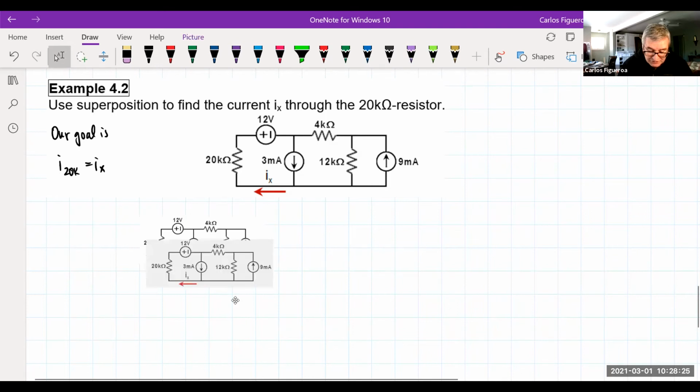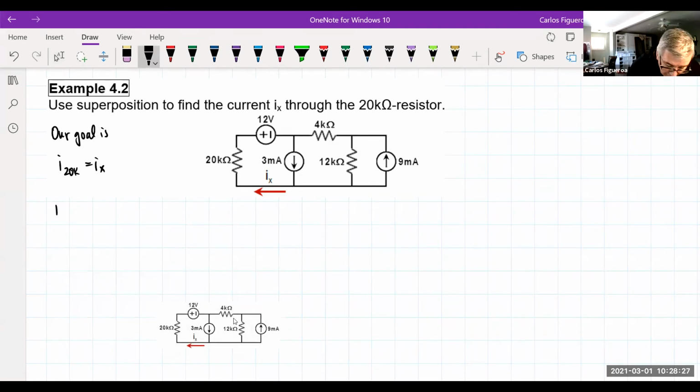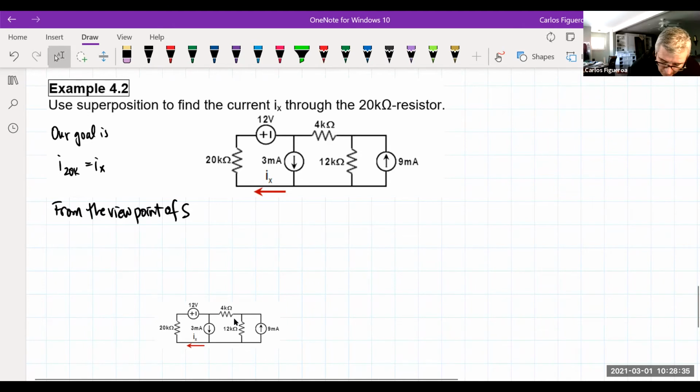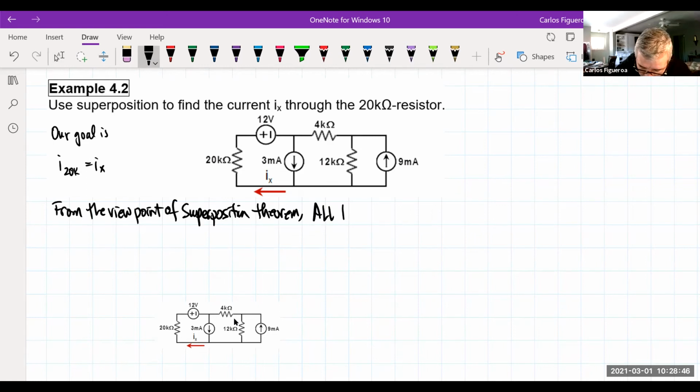But what you're seeing here from the viewpoint of the superposition theorem is that all three sources will contribute to IX. Okay, all three sources will contribute to IX.